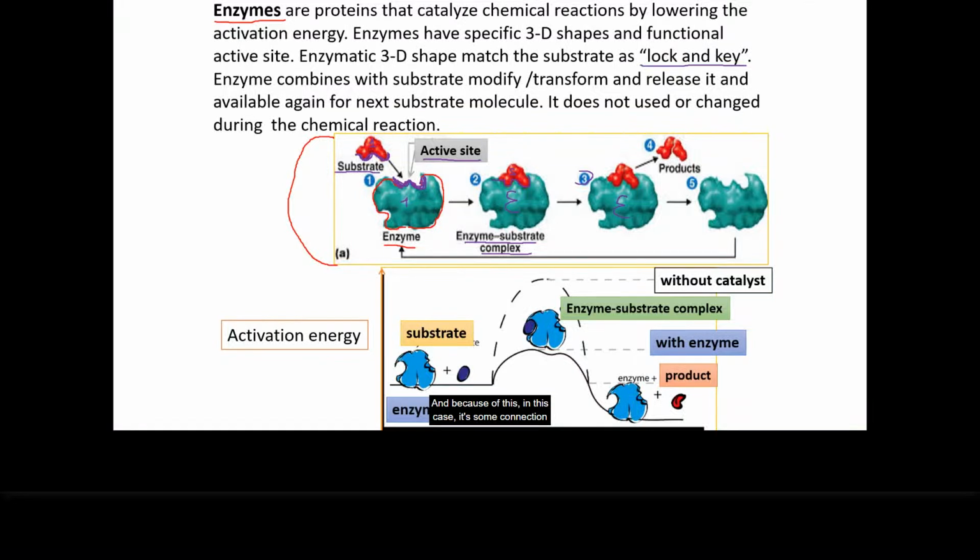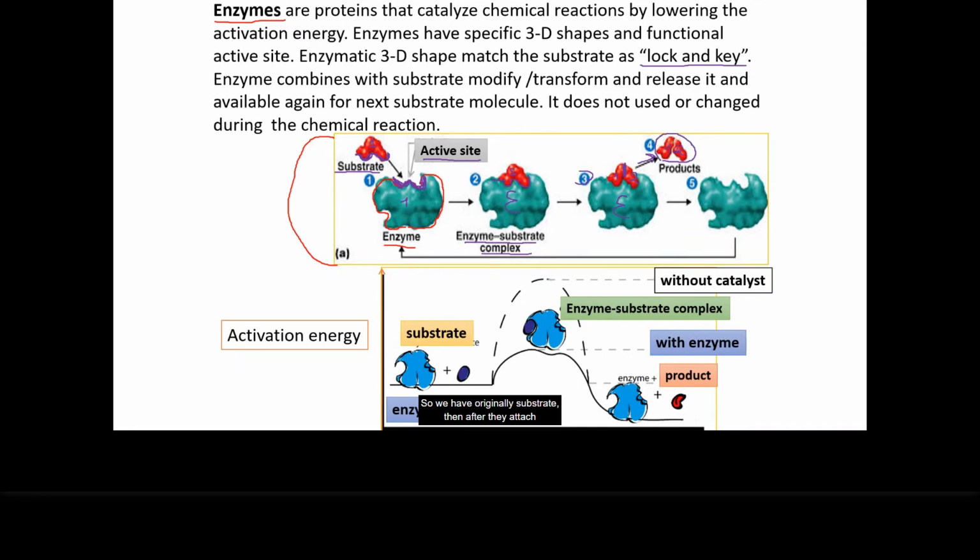And because of this, in this case, a connection between these atoms in the substrate in here will be broken. And then these two parts of the substrate will be produced. And in the next step, these two separate parts will be released. And now these two parts, they will be called products.